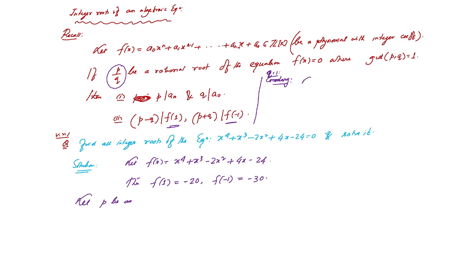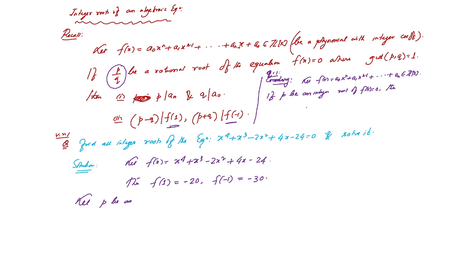So let f(x) equals a0 x to the power n plus a1 x to the power n minus 1 plus ... plus an, a polynomial with integer coefficients, belonging to Z[x]. If q equals 1, p be an integer root of f(x) equals 0, now we have GCD of p and 1, that will be 1.